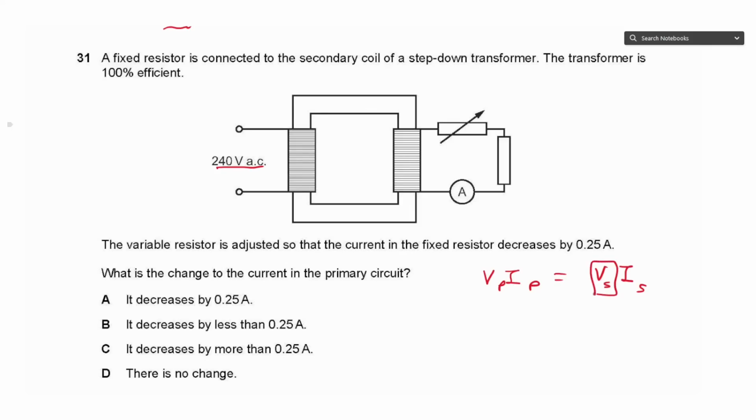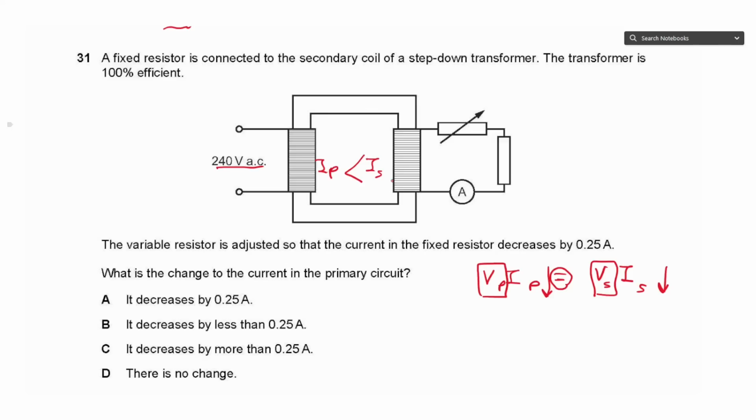And for the same voltages, if the current on one side decreases, the current on the other side should also decrease to keep the equal sign here. But we have different currents. For a step-down transformer, the current in the secondary coil is greater than the current in the primary coil. So if the current decreases on the secondary coil by half, for example, the primary also decreases by half, by the same factor, but half of a smaller value is a smaller value.